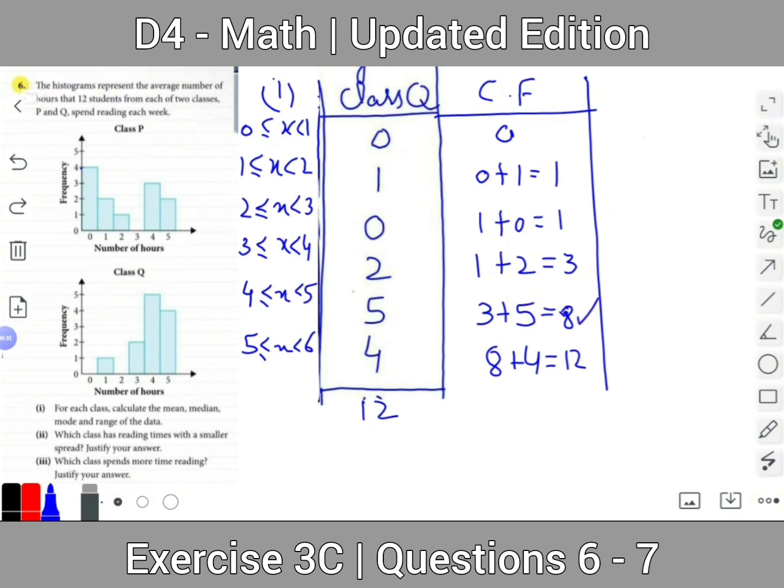So the value corresponding to the cumulative frequency of 8 is the class interval 4 ≤ x < 5. So the median will be equal to 4 hours.